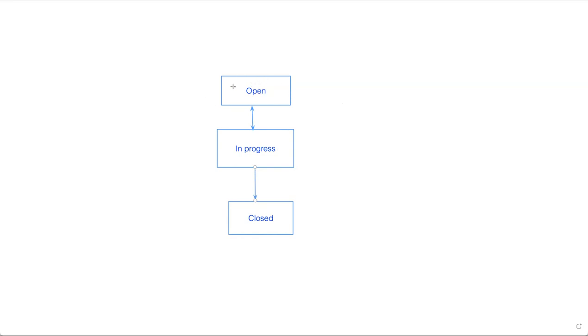Once the bug has been assigned to a developer, the developer will check whether it is really a bug, and then work on it by marking the status as in progress.